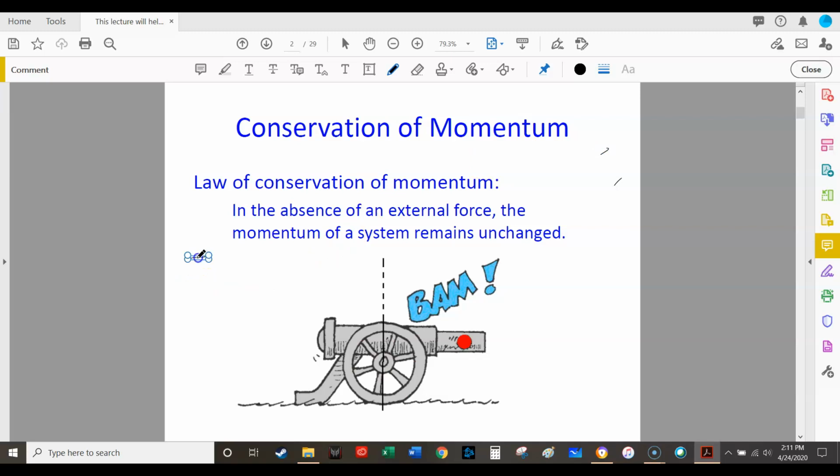We learned that impulse, which is this J vector, which is a force times change in time, is equal to the change in momentum of an object, right? I should use I. These are all vectors, right?